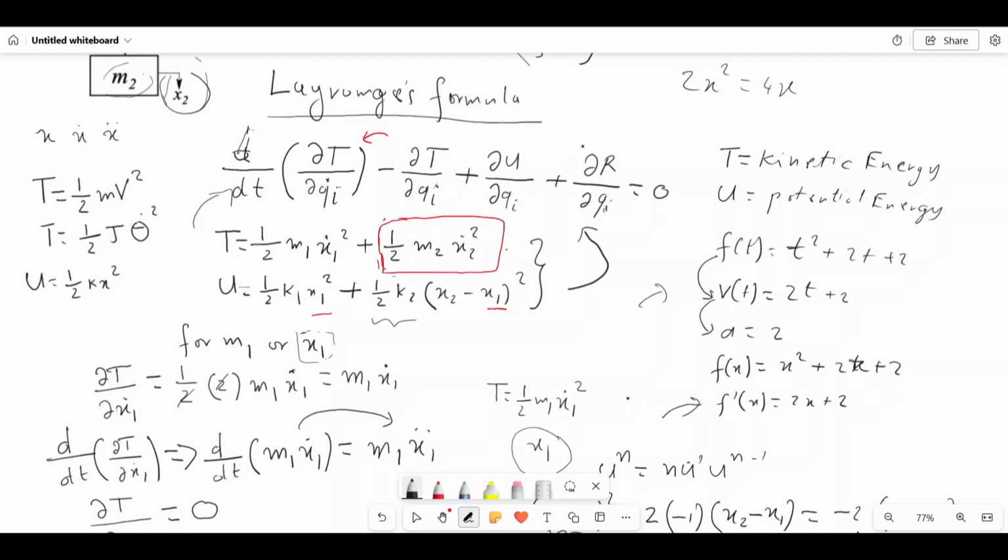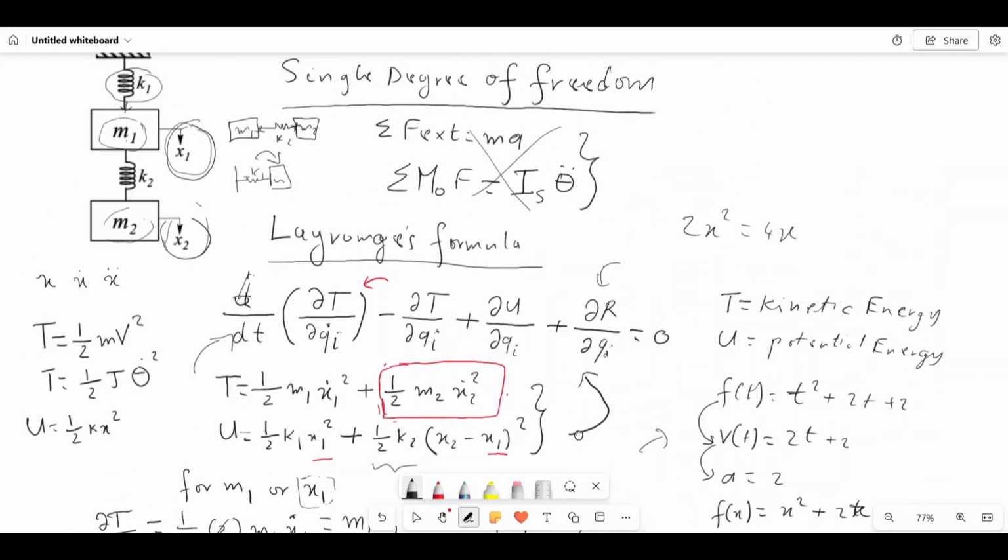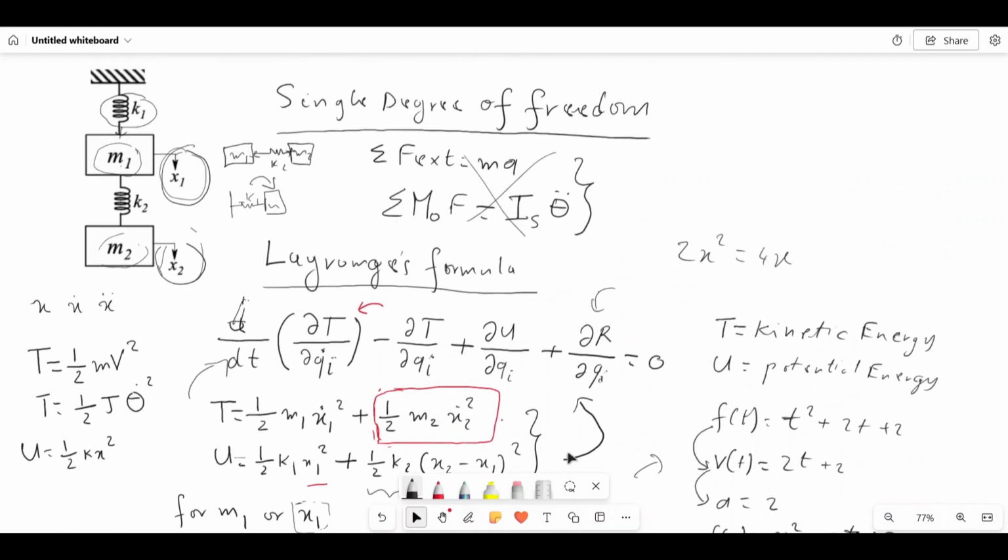Now, there's something I wanted to say. Do you see the R here? It is called Rayleigh dissipation. When do you have a Rayleigh dissipation? You do have a Rayleigh dissipation when you have a damper in your system. So if you do not have a damper, don't bother yourself writing it. I hope I'm making sense. Let's say, for instance, there was a system like this. Instead of this guy only with a spring, they added a damper here.